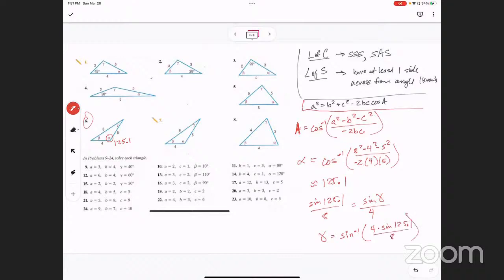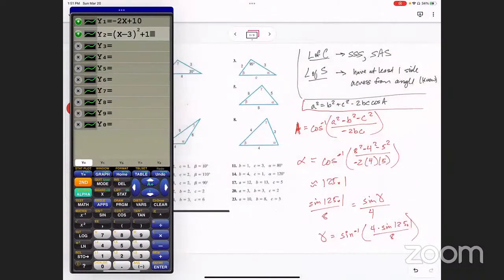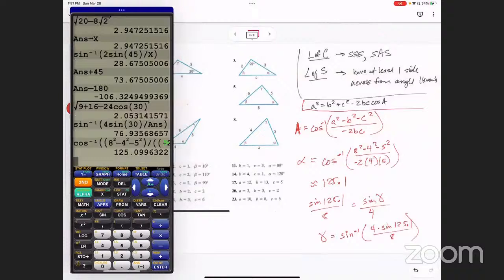And if I wanted, I could cancel those out, but I don't even need to do that. I could literally just punch it into my calculator very carefully. So sine inverse of, again, let's use a double set of parentheses to be careful. 4 sine of 125.1. I'm typing in what I see right above it so that I don't have a rounding error.